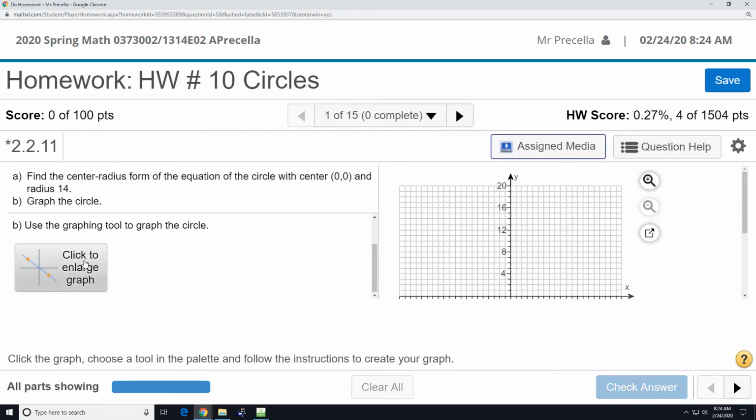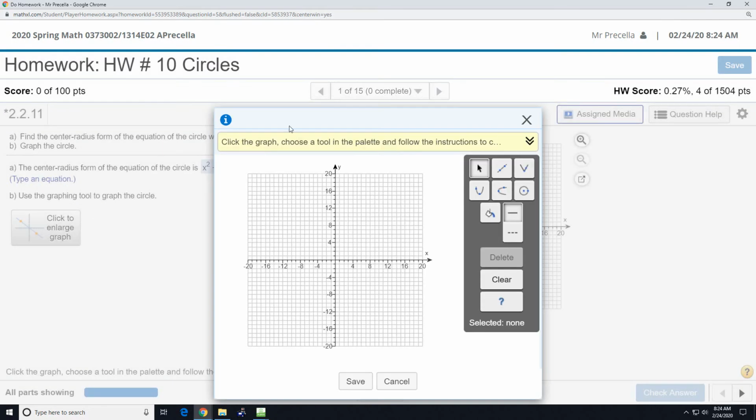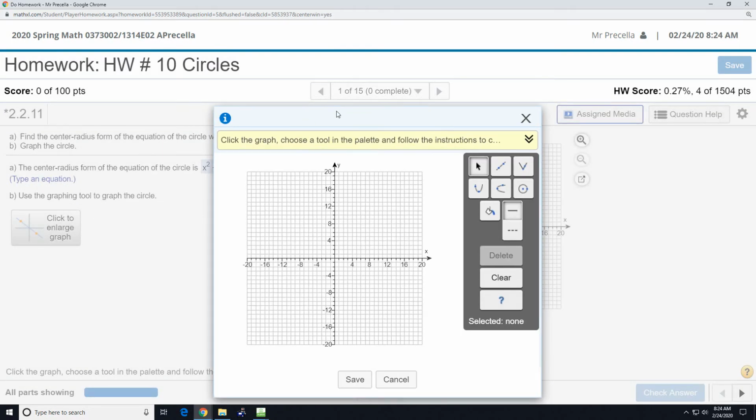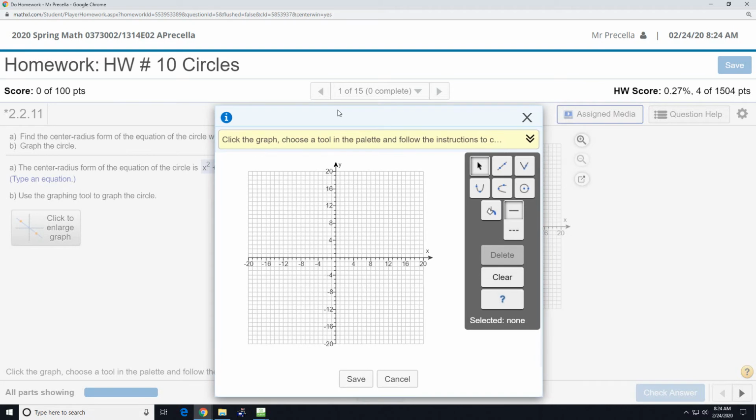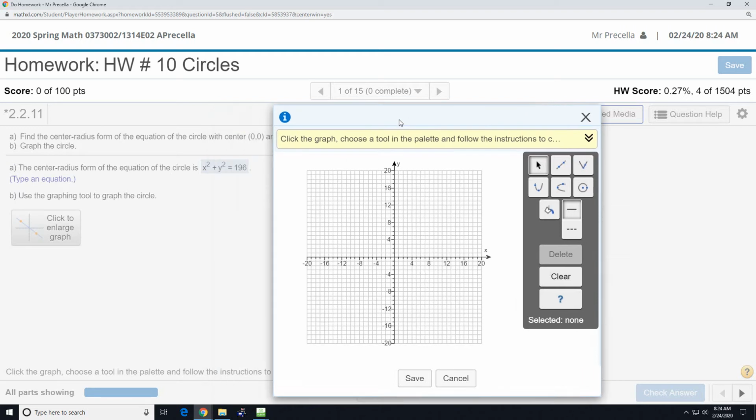In order to get this thing to show correctly, let me see it there. I'm going to click right here. Now, in order to graph this circle, sometimes when there's an A-B part, students want to use part A to answer part B. No, no, no. You could have graphed that circle right off.